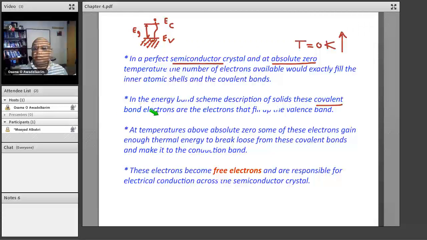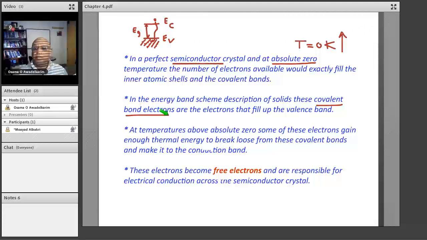So what's happening is that all these electrons are localized. They don't move away from the valence bond. So they're all in the valence bonds, and therefore they're all in the valence band. So if you put in an electric field, nothing happens. We don't get any current flowing.